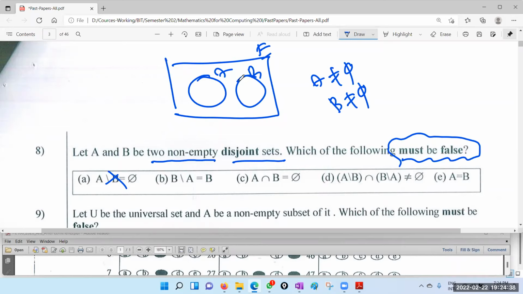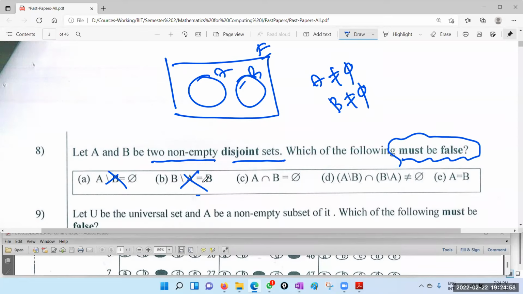So B minus A means belong to B but not belong to A. That is B because they are disjoint. Nothing will be removed. So therefore B minus A equal B must be true. What we need is must be false.